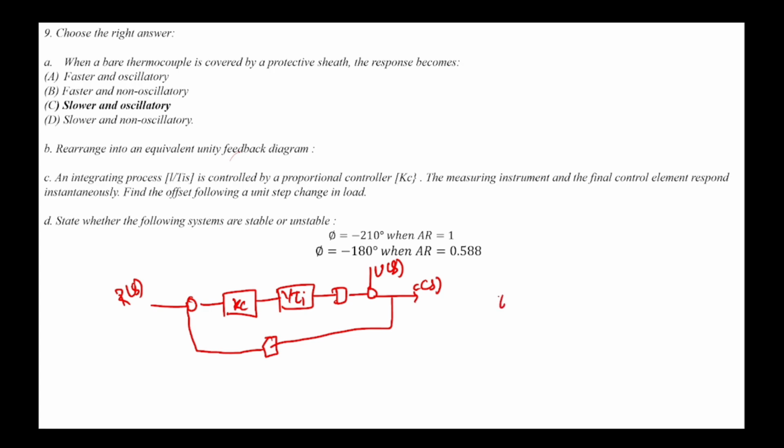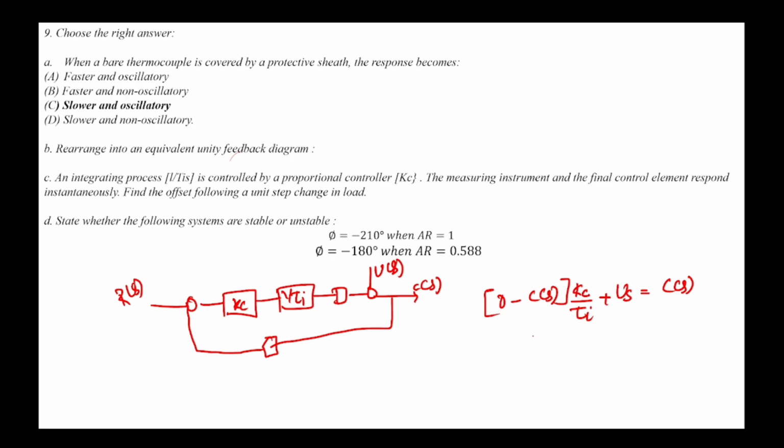So 0 minus Cs, times Kc upon tau I s, plus Us is equal to Cs.